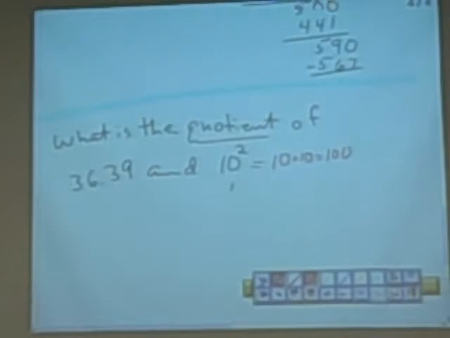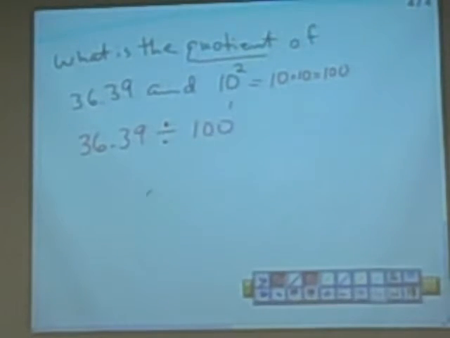So what we're looking at here is 36.39 divided by 100. Okay, so here we have 36.39, right, over 100.